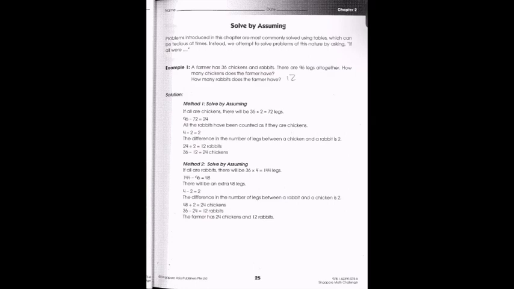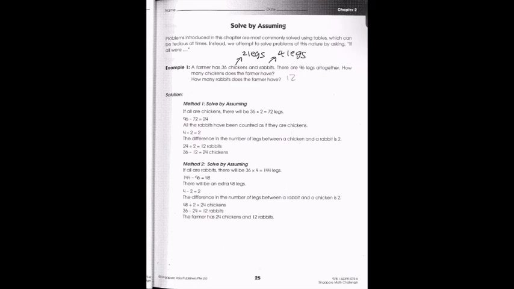For example, a farmer has 36 chickens and rabbits. There are 96 legs altogether. How many chickens does the farmer have, and how many rabbits? Chickens have 2 legs each, and rabbits have 4 legs each.